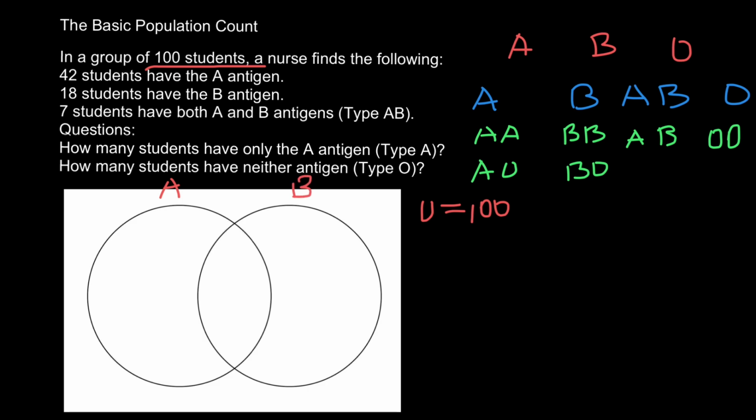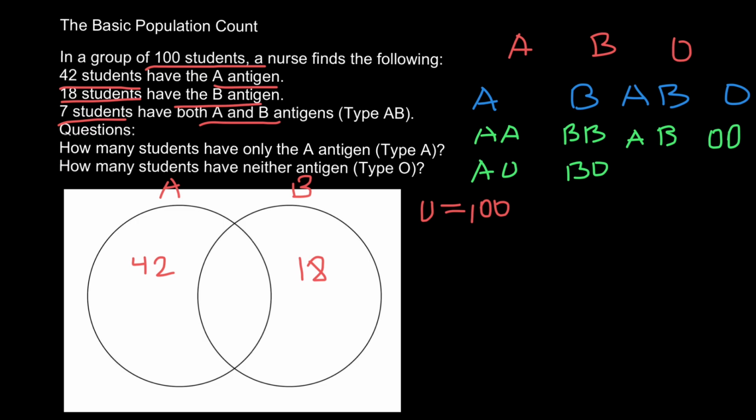We know that 42 students have the A antigen, so we put 42 here. And 18 students have the B antigen, so we put 18 here. And 7 students have both A and B antigens.